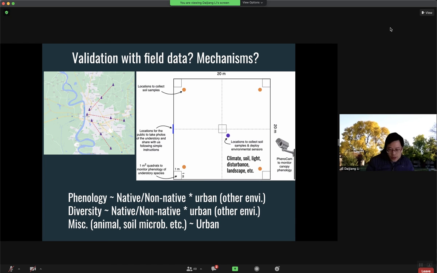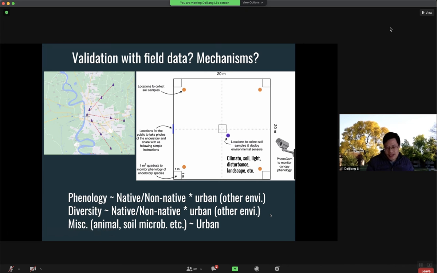There are also other things we can look at once we have these sites established, including animal data, if we install some camera traps to catch wildlife, and also soil microbes, if we choose to sample the soil materials. So that's some idea I have about one city.